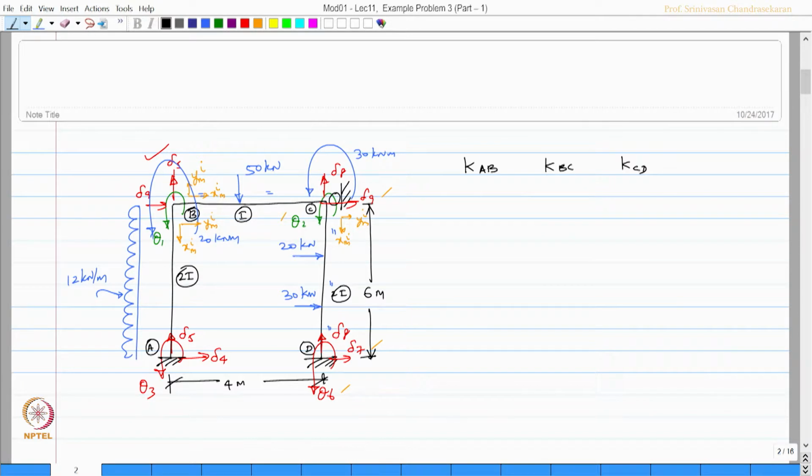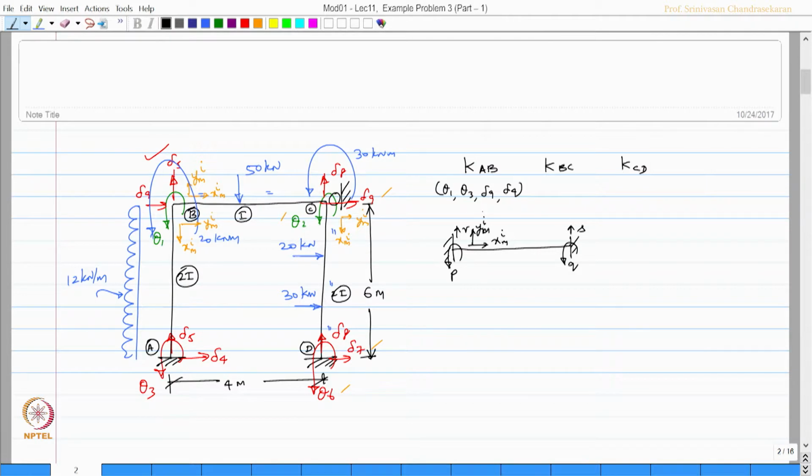For example, while deriving the stiffness matrix for A, B, the labels were theta 1, theta 3, delta 9 and delta 4. This is similar to a fixed beam of P, Q, R and S. So, 2 rotations and 2 translations, where this is my x axis and this is my y axis.